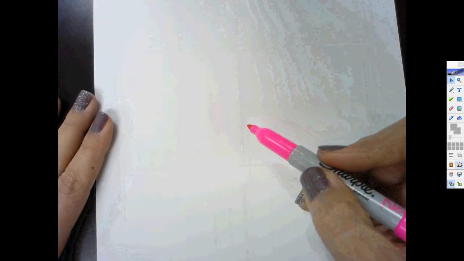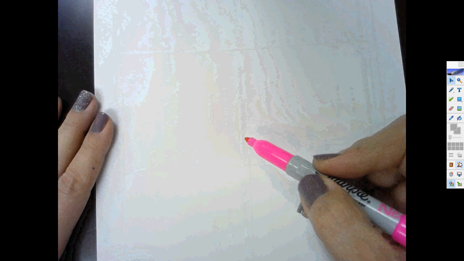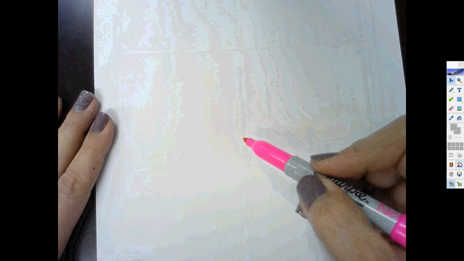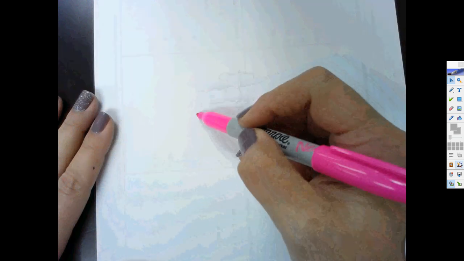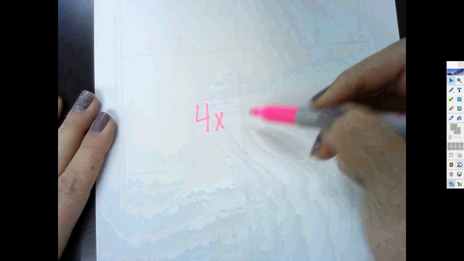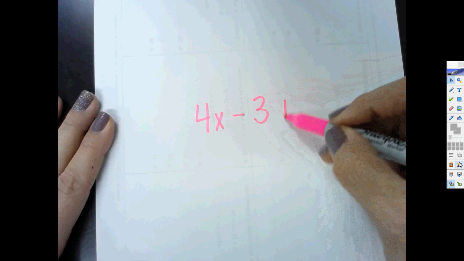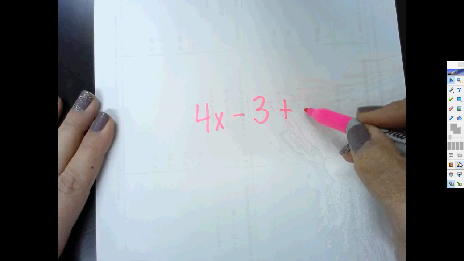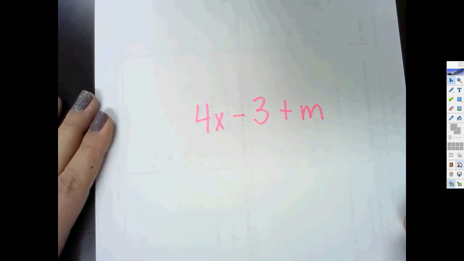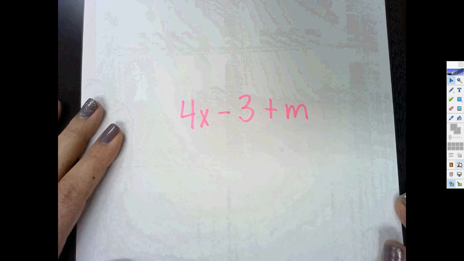So let's say I had 4x minus 3 plus m. Okay, that's my algebraic expression.